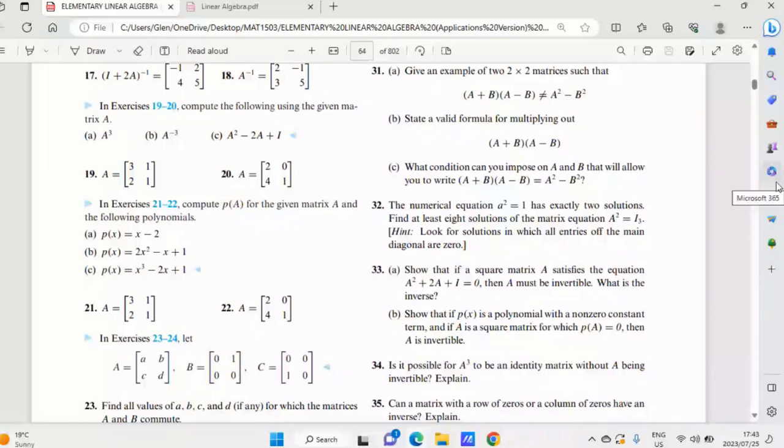So every time you see a constant, you multiply that constant with an identity matrix, because the identity matrix is equal to 1. It's not every time, it's when you do polynomials.